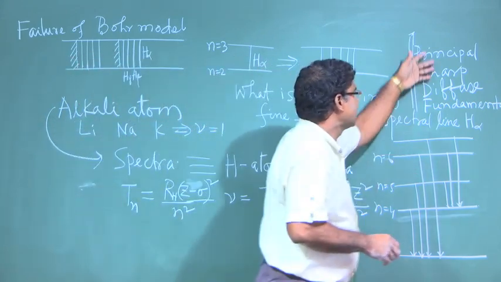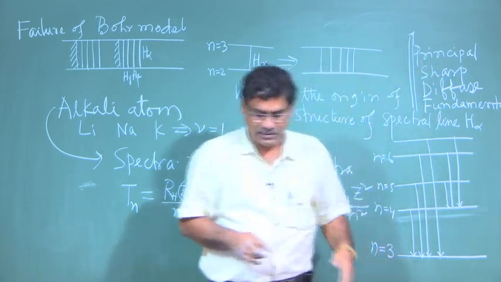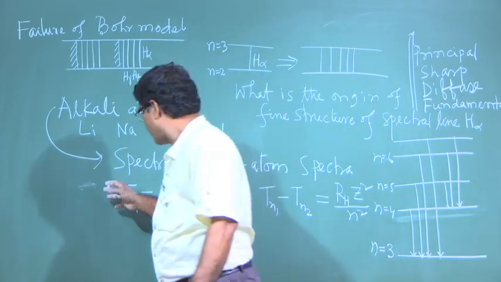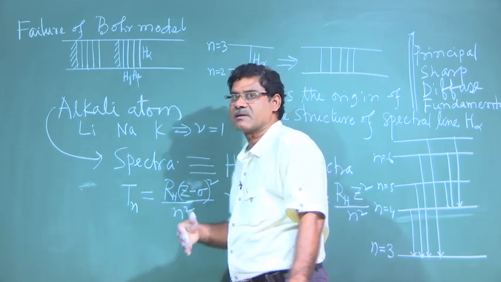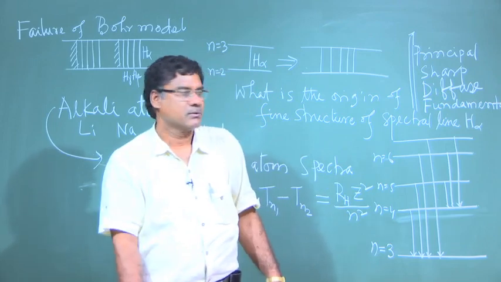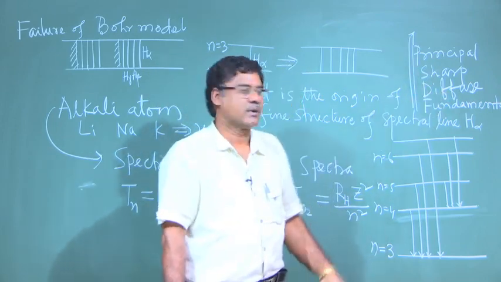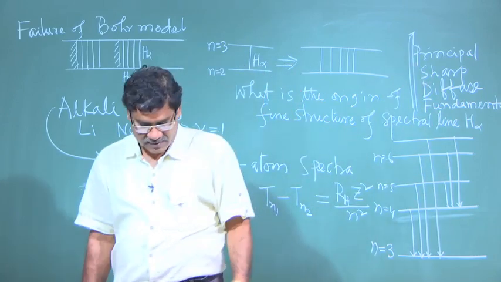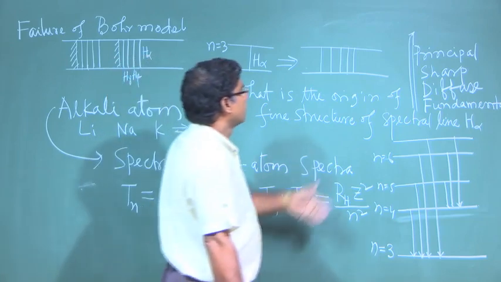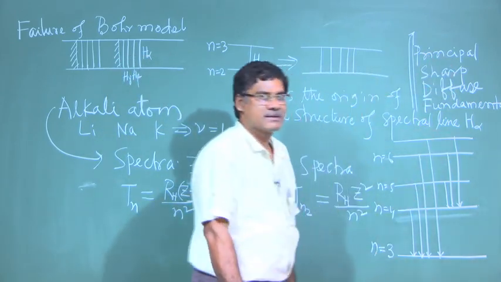So, later on we will see what is the source of this series, and we will see that this model, whatever it is giving, is not enough to explain this series, to get the exact wavelength of the spectral lines of this series.